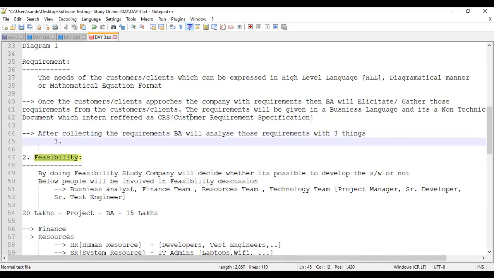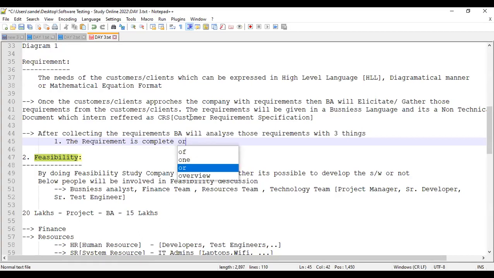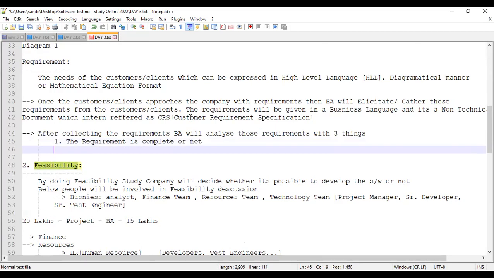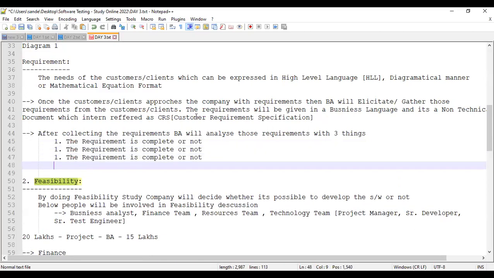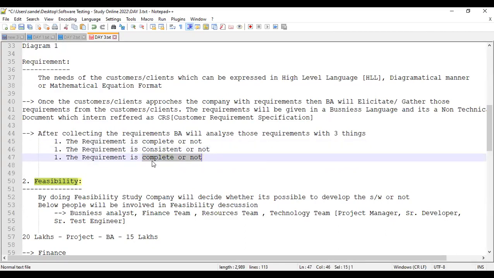Number one, whether the requirement is complete or not. If it is not complete, again he has to ask the customer. Next, whether the requirement is consistent or not, whether the requirement is having any ambiguity or not. Is that fine?